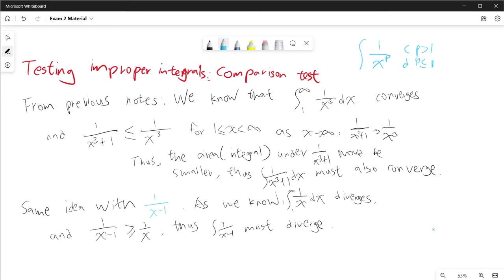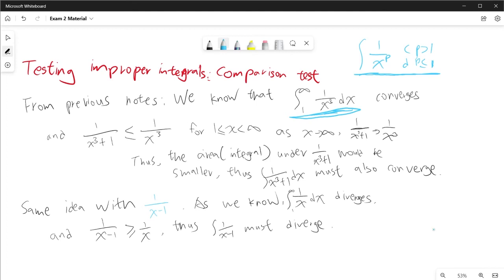So this is a good starting point for your convergence test. And what I mean by that is, if we know that 1 over x cubed, because that p-value is more than 1, this improper integral converges.